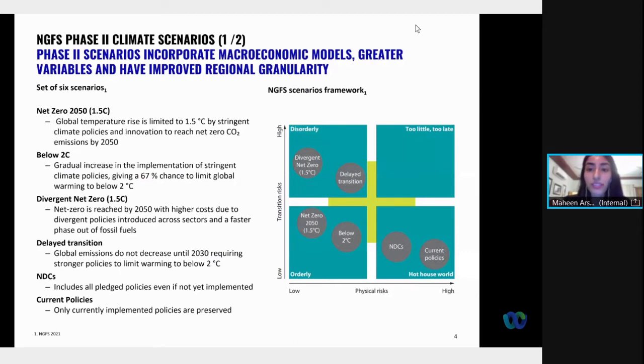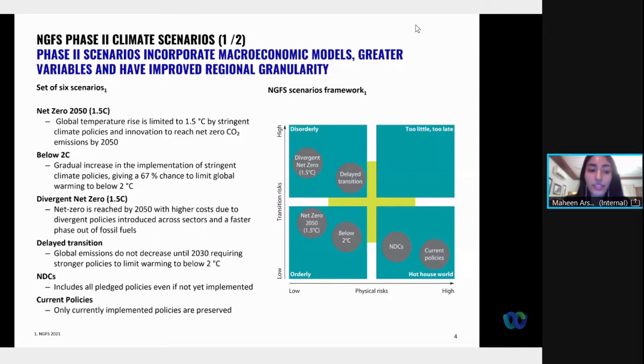So in this scenario, basically, all regions and all sectors implement the policies needed to reach net zero emissions by 2050. Then there is the below 2 degrees orderly scenario, in which there is an implementation of policies to help limit global warming by below 2 degrees. This set of policies are expected to gradually increase with time.